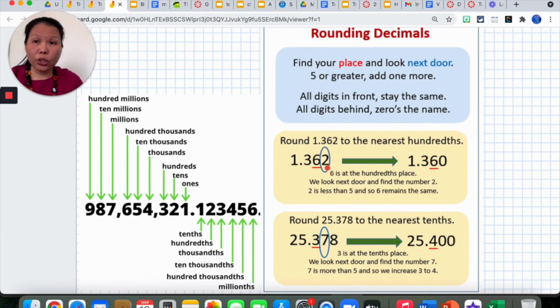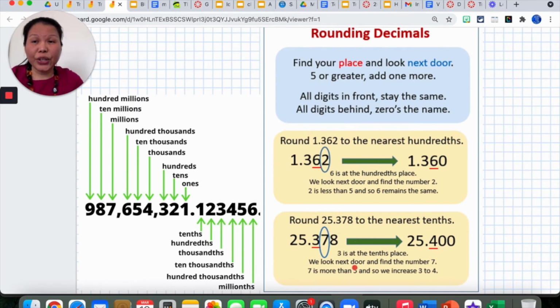The number is 2. It's less than 5. The answer is going to be 1.36. And zero is the name for everything behind it, which doesn't count, so we don't even have to write it in. 1.36. That's the answer. The second example, we're rounding 25.378 to the nearest tenth.